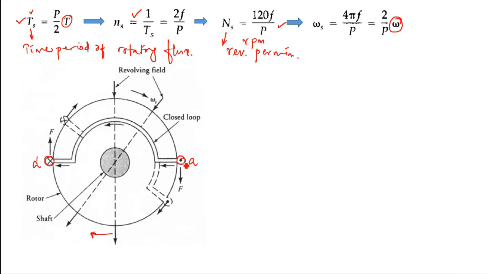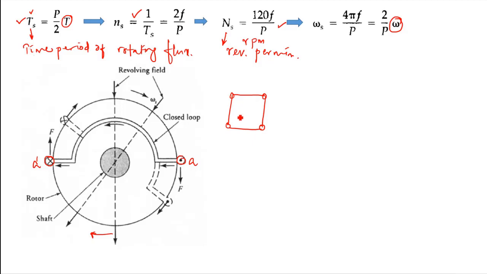So this coil will have an induced EMF, and therefore if the coil terminals are closed, that means both the conductors are shorted, that means this is your coil side, and if I short at both the ends, then it will make a closed path, right?